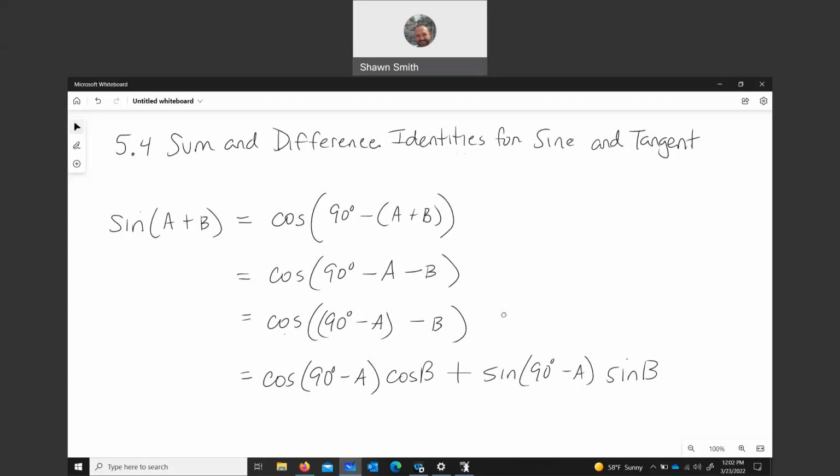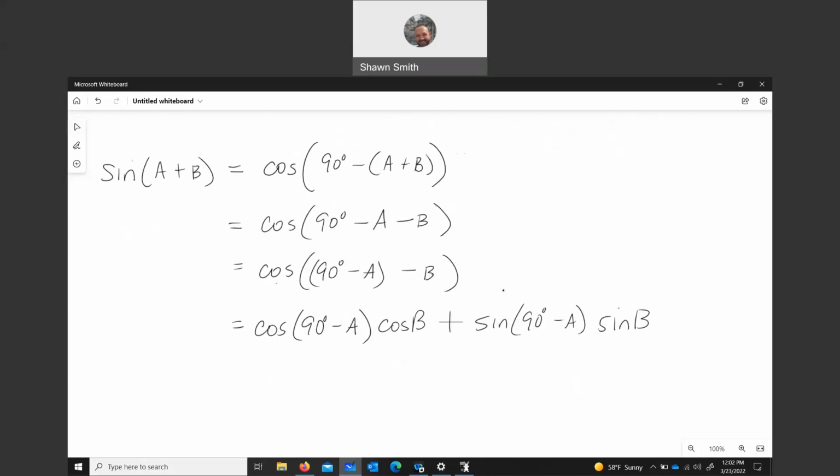Now from here, I'm going to change these back into their cofunctions. This one has its cofunction. So the cosine of an angle is the sine of the complement of this angle. Well, if 90 degrees minus A is the value of, say, 50 degrees, A must be like 40 degrees, right?